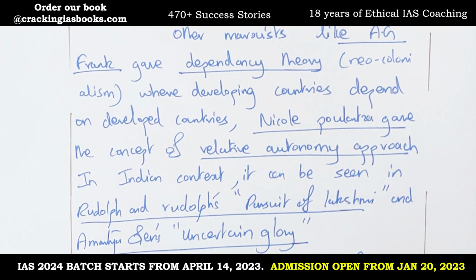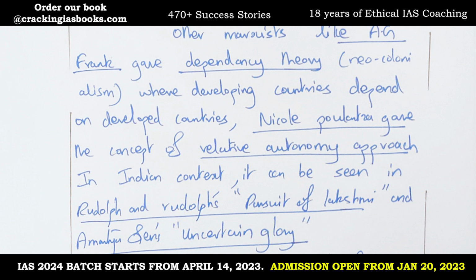Other Marxists like A.G. Frank gave dependency theory, within brackets neo-colonialism, where developing countries depend on developed countries. Nicos Poulantzas gave the concept of the relative autonomy approach. In the Indian context, it can be seen in Rudolph and Rudolph's In Pursuit of Lakshmi and Amartya Sen's An Uncertain Glory.